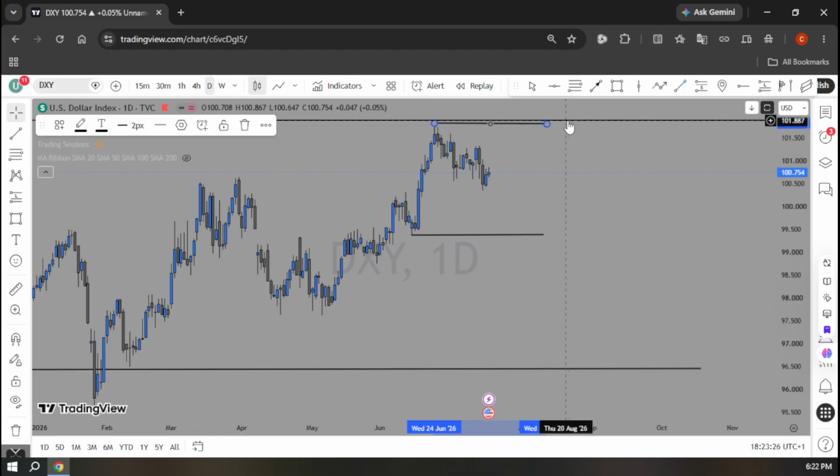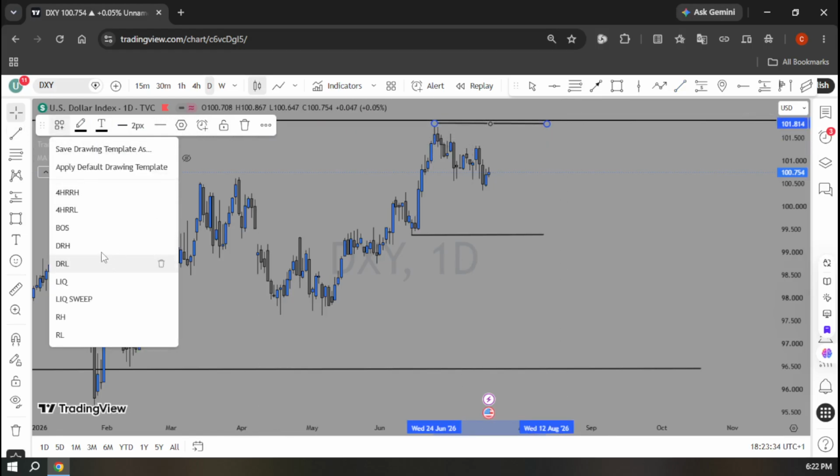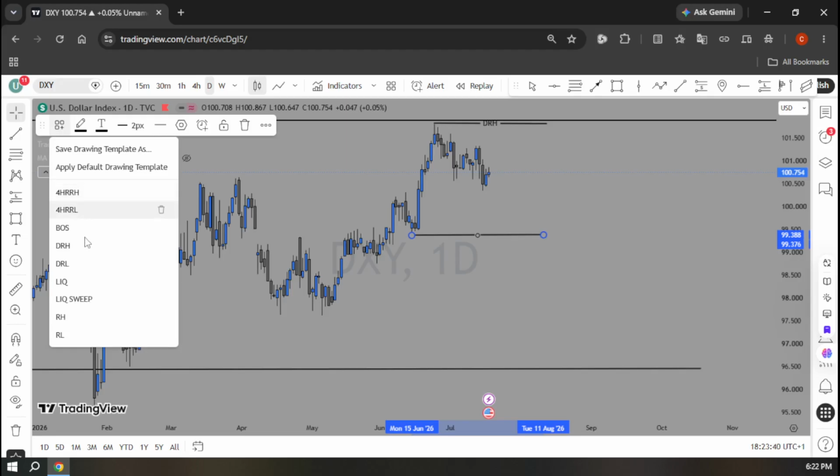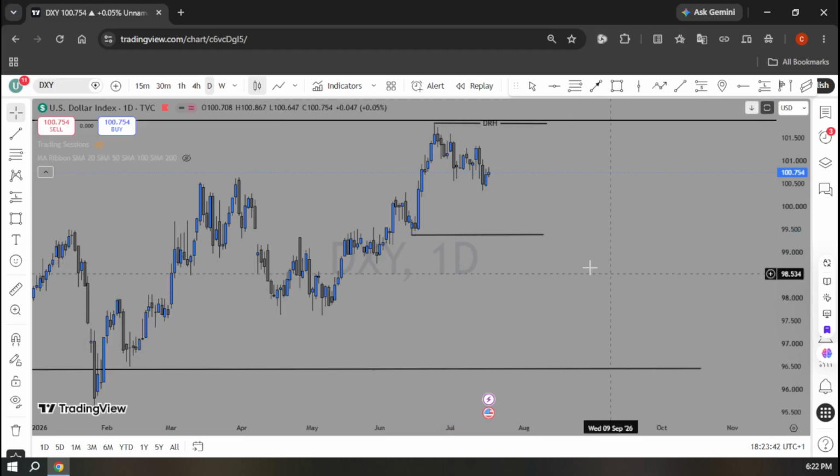Notwithstanding the area which we have right above here, this is a weekly dealing range. So I'll map this out as my daily range high, and this one here too as my daily range low, for clarity purposes, just to know what I'm doing.